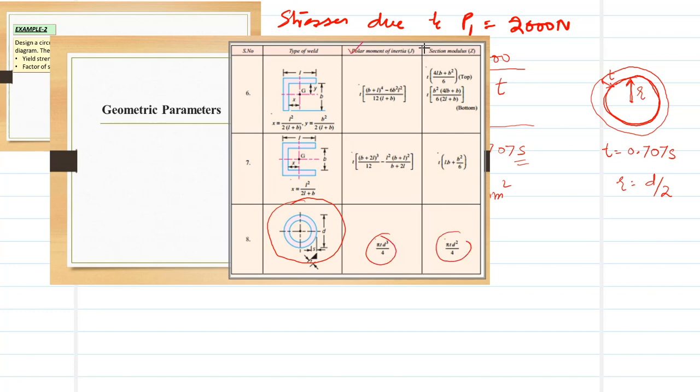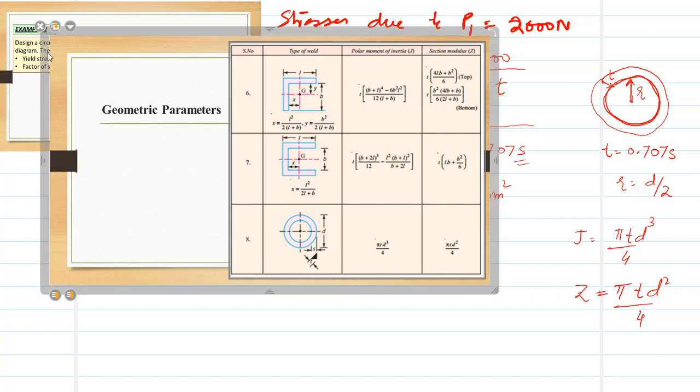So we just write here J is equal to pi t d cube by 4, and Z equals pi t d square by 4. Clear? In the exam, whenever you have this table, you just compare your weld configuration with the geometry, and after that you select the formulas for the polar moment of inertia and the section modulus.